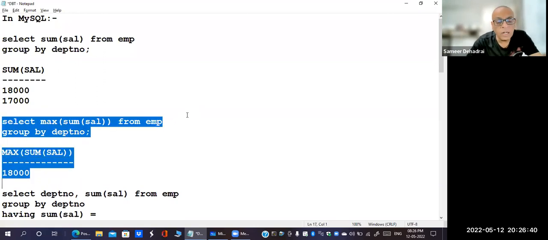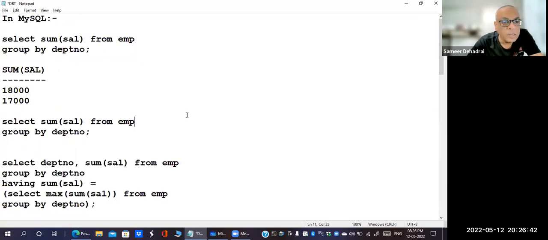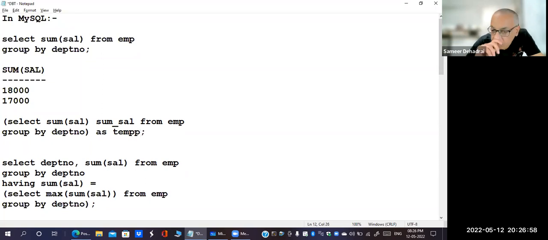If you want to find out the highest total, first thing you do is you give this an alias. Suppose I call it sum underscore sal. Then for this select statement, you give it an alias. What happens when I give an alias to a select statement? The output of the select statement creates a temporary table.